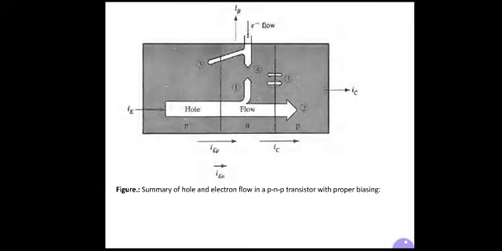Number 4 is shown in the middle, again in the base region. The arrow mark coming downward in the base region shows electrons supplied by the base contact for recombination with holes.